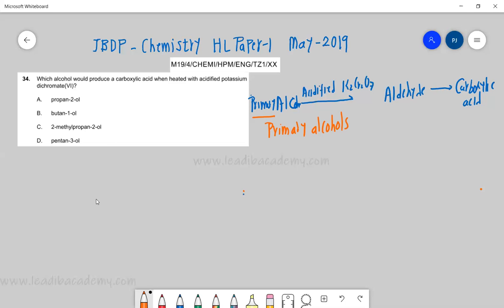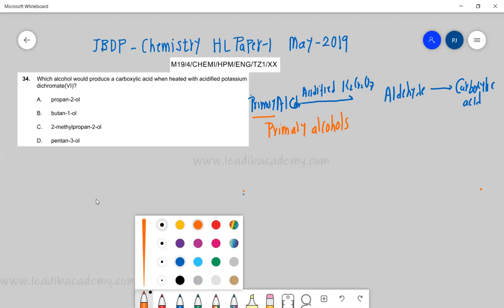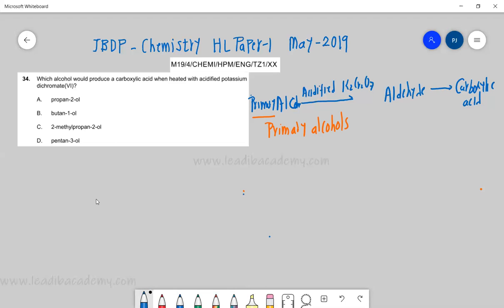It means that our job is to identify which of these four is the primary alcohol. So let's look into option A, propan-2-ol. So it's simple, OH. This is not the one, because this carbon is attached to two carbons, so this is out. What about option B? Butan-1-ol.